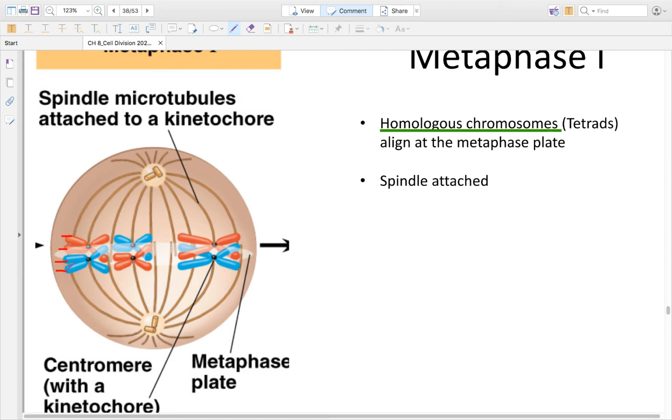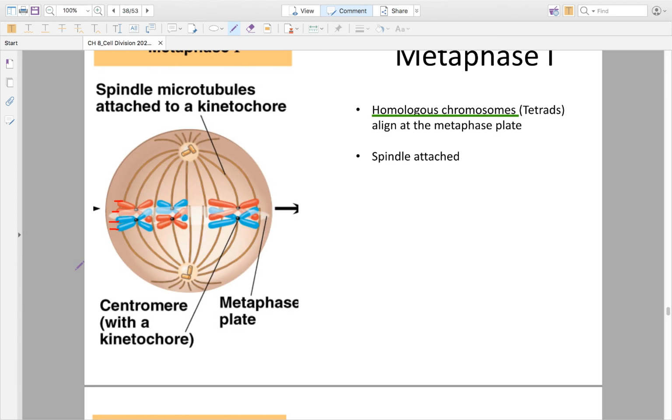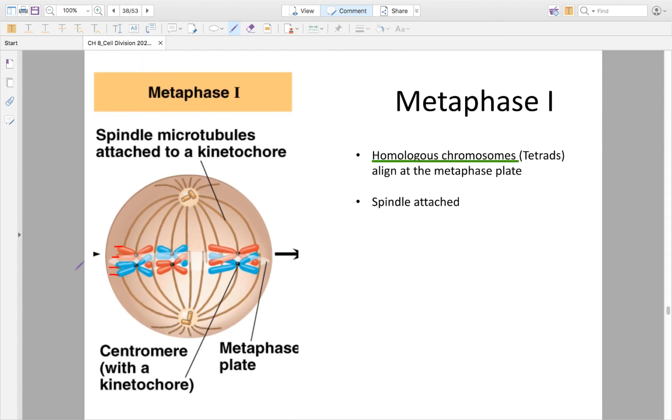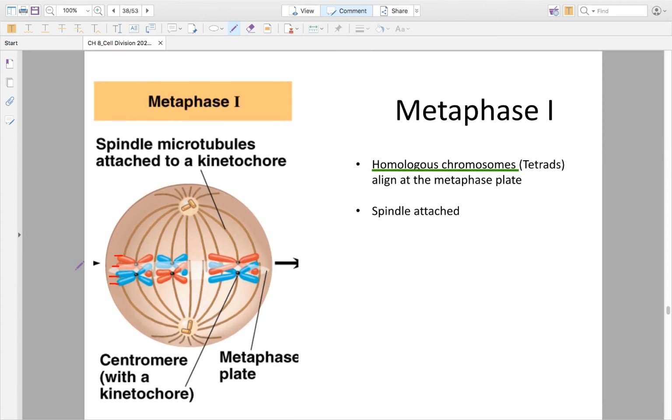The tetrads are aligned at the metaphase plate. Unlike mitosis, where sister chromatids align at the metaphase plate, this is completely different. So we've done the synapsis and crossing over. That's all done. So the cell's ready to roll.